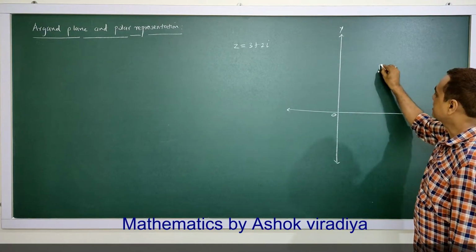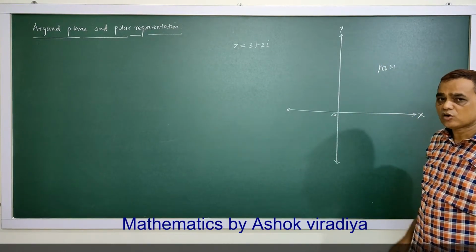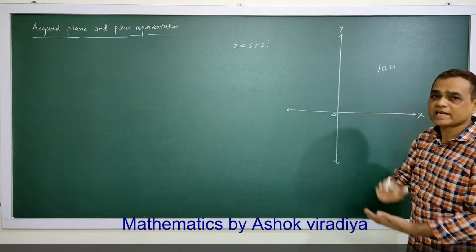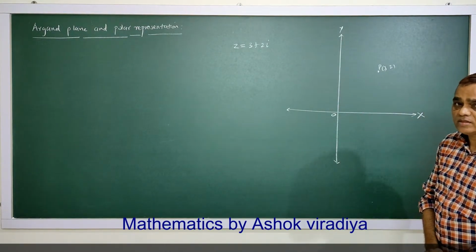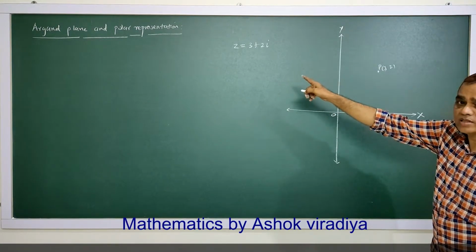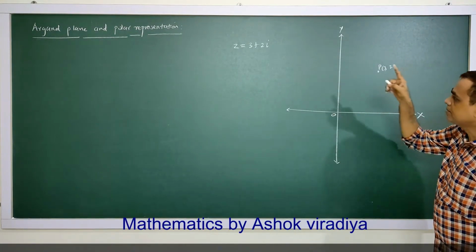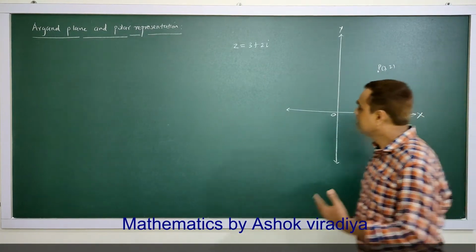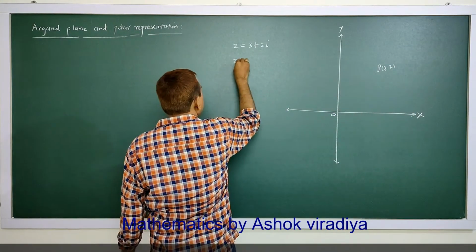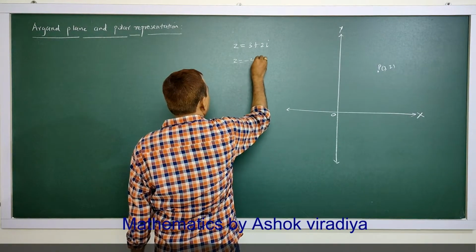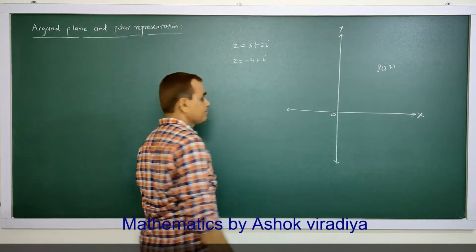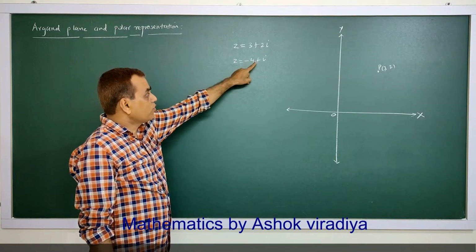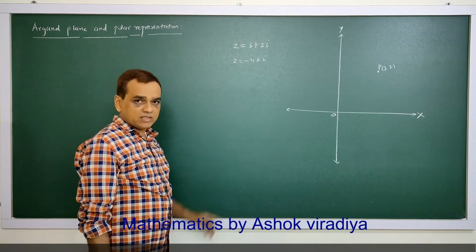The point is P. Or we can say point P is related to this complex number. So this complex number can be assigned to this point. Let me take another point. z equal to minus 4 plus i. Real part is minus 4, imaginary part is 1.